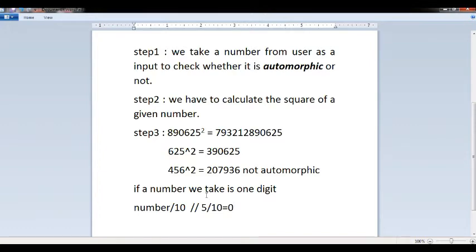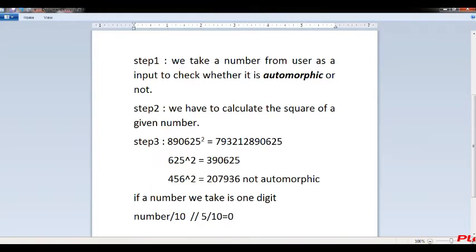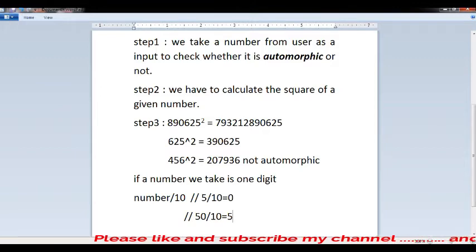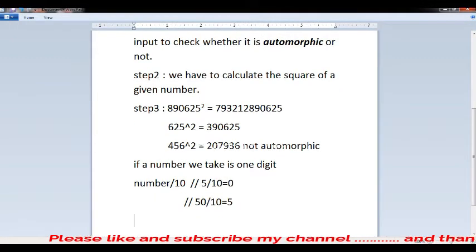Is that clear? Another example. If we take the number 50 divided by 10, it gives 5. Is that clear? Then again 5 divided by 10 gives 0.